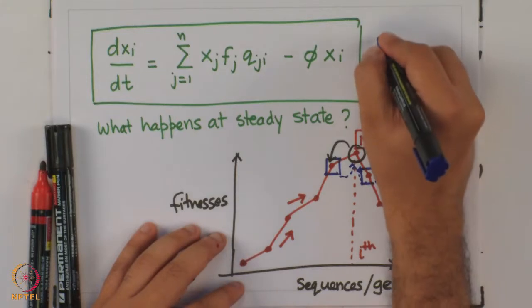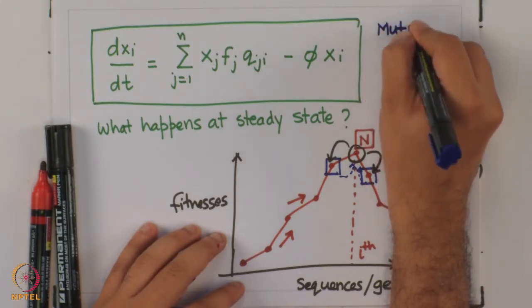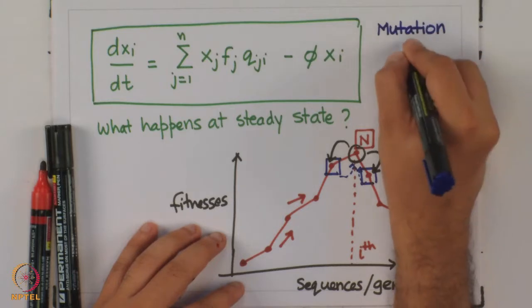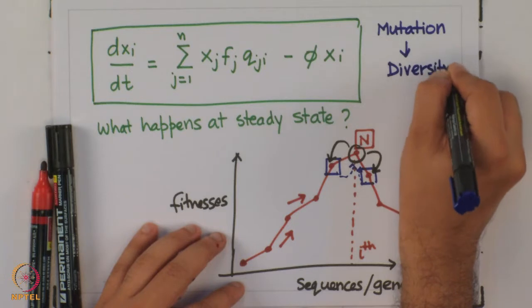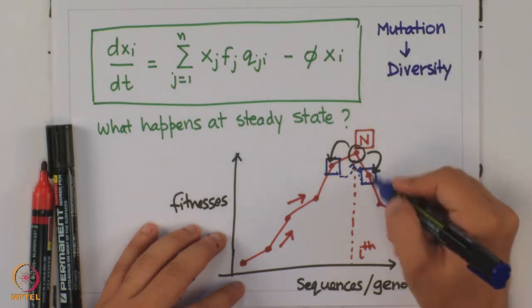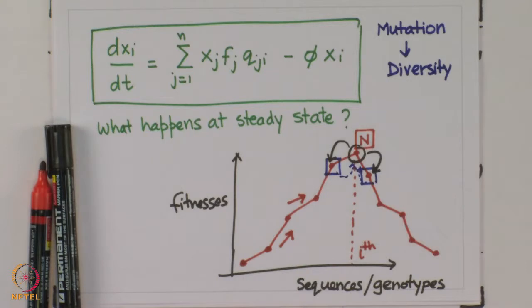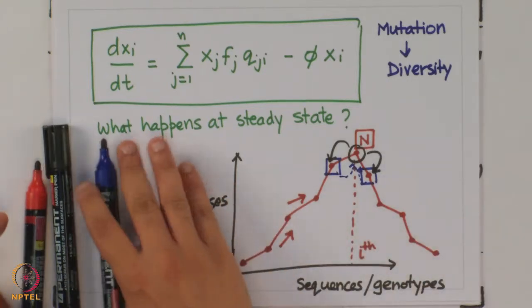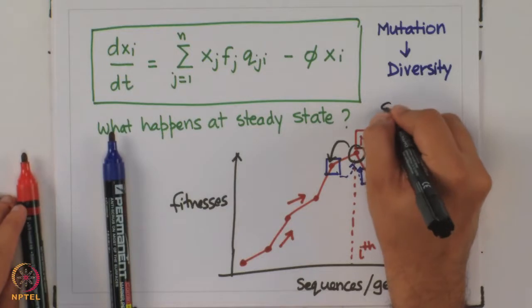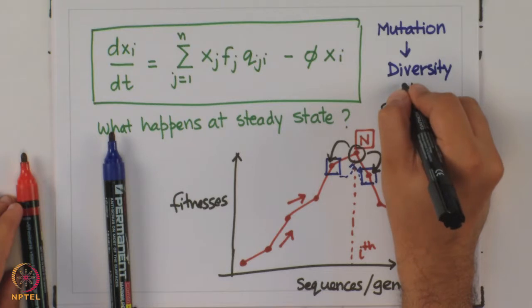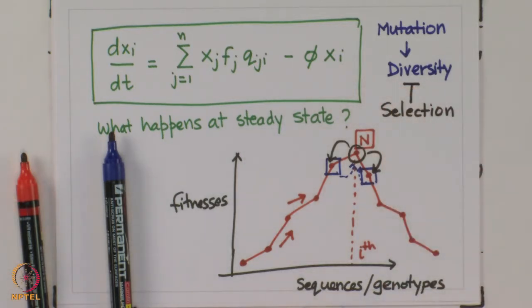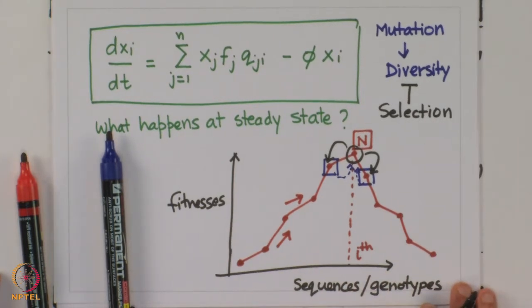So, mutation is aiding diversity, because individuals here are mutating into other genotypes. Mutation is trying to create more genotypes in the environment, but at the same time selection wants to get rid of diversity and only select for the fittest individuals present in the environment, which in this case correspond to those of sequence i.